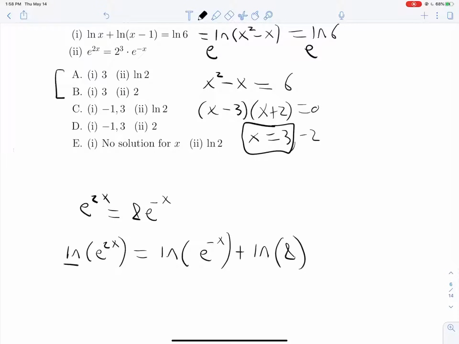If we have the natural log of e raised to the something power, that's just going to be equal to that something. So 2x is equal to negative x plus ln 8.